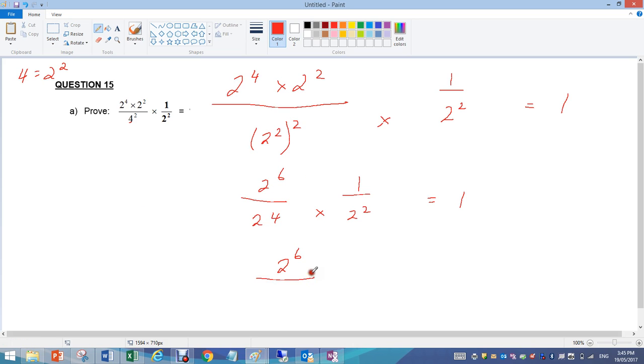On the bottom, 2 to the 4 times 2 to the 2 is 2 to the 6. And 2 to the 6 over 2 to the 6, that's the same number over itself, which is 1. So that's actually correct. So we did prove that this initial expression is actually true. And that's it.